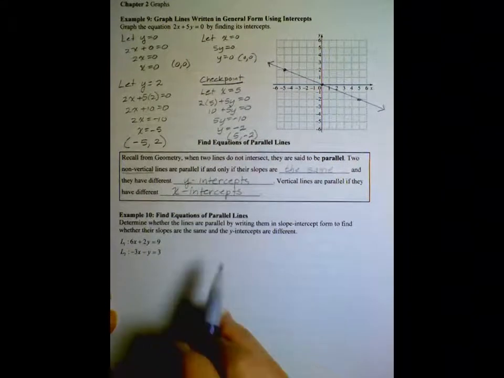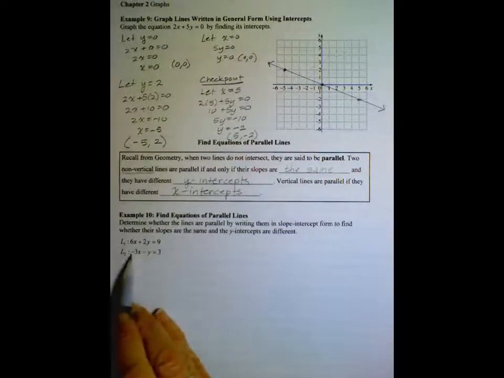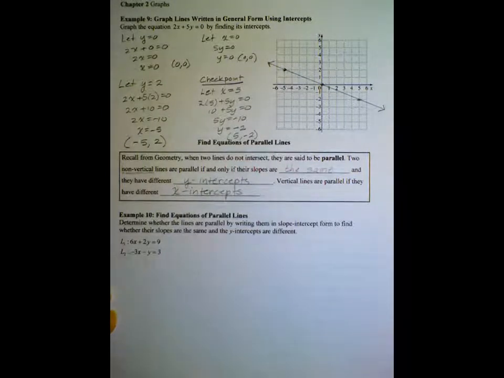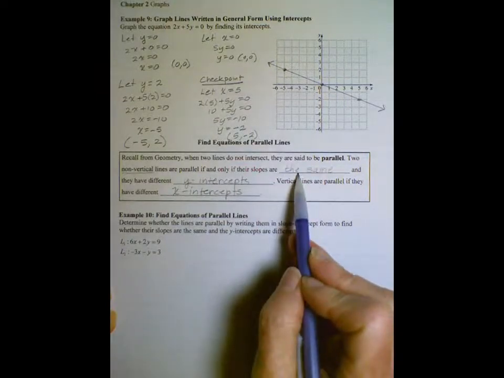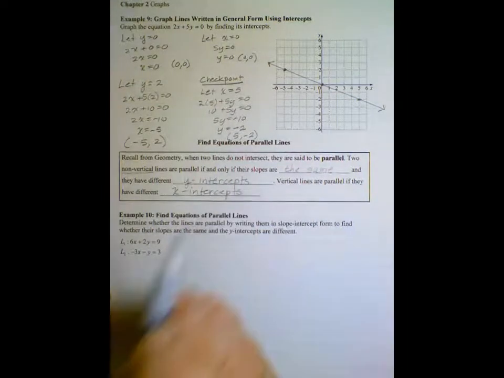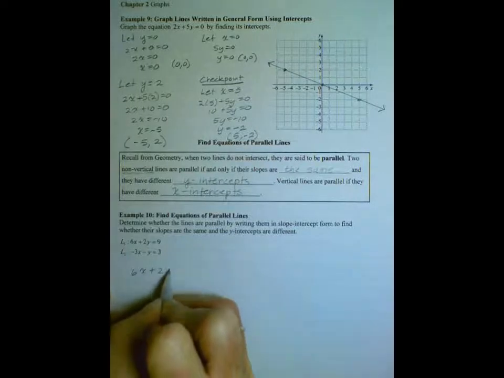Okay, so in this example, we're given the equations for two different lines, line 1 and line 2, and we're to determine, are they parallel without graphing them? So all we're going to look for is the slope and the y-intercept to see if they are the same slope and different y-intercepts. So line 1, 6x plus 2y equals 9.